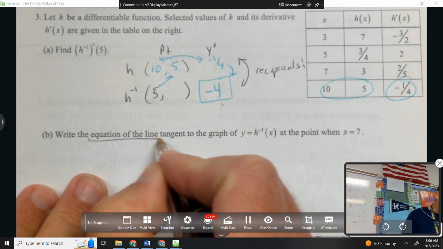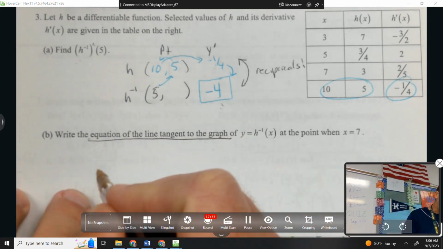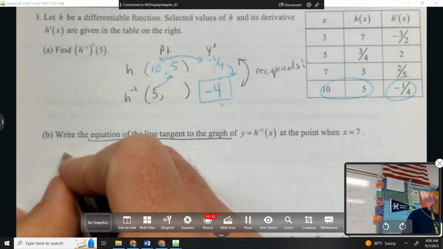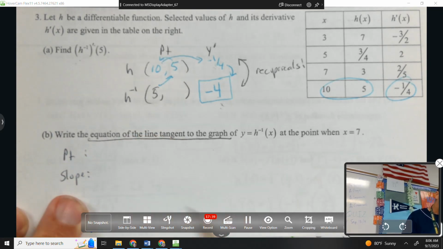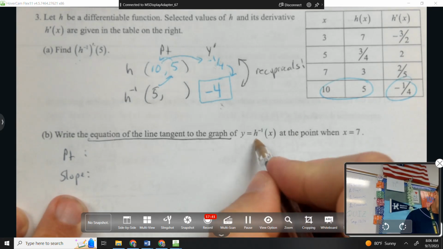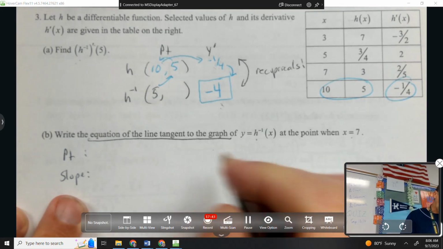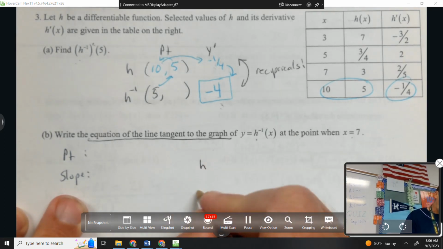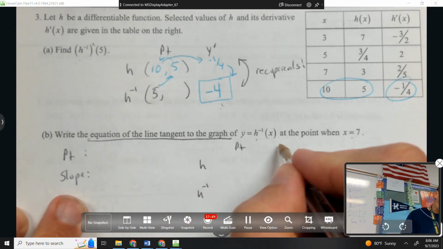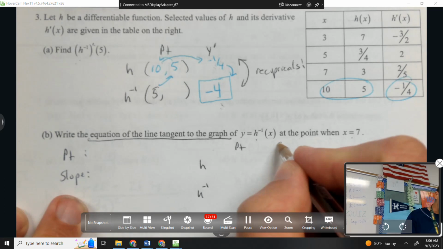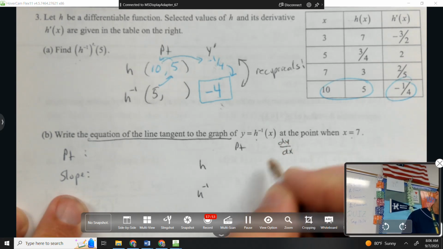Write the equation of the line tangent to the graph. So I need point and slope of the inverse when x is 7. H inverse, point, and you can call it y prime, you could just call it slope, you could call it dy dx.